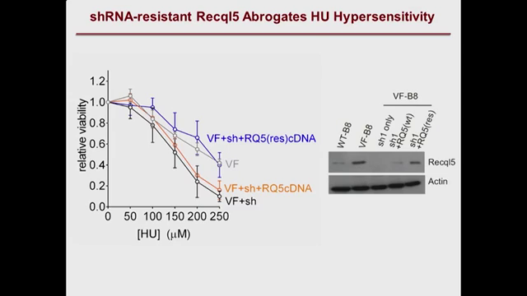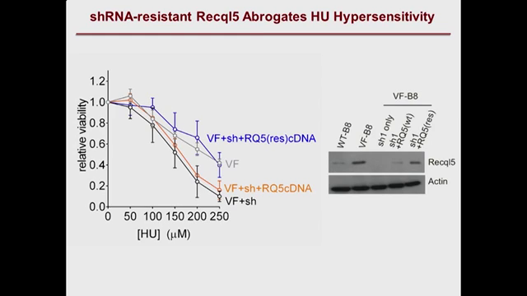Again, just to demonstrate that this was an on-target effect, we did a rescue experiment. To walk you through this, this is again looking at growth or viability of the cells in the presence of increasing concentrations of hydroxyurea. As you can see, when you knock down RECQL5, you get an impairment of viability. If you rescue by overexpressing a cDNA for RECQL5, you don't see any rescue, basically because the shRNA is knocking down the cDNA.